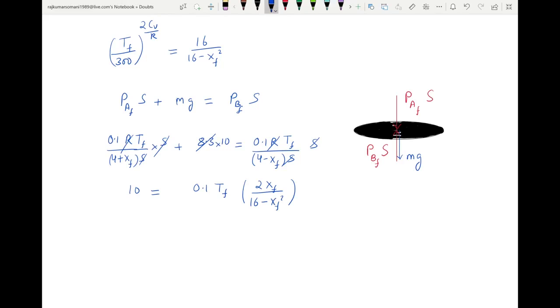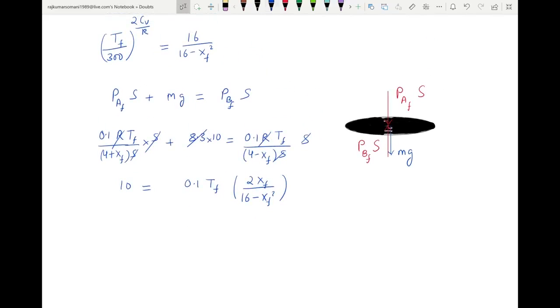Even if you make some assumption, even if you say it's monoatomic, so you write CV equals 3 by 2 R, or maybe you start with diatomic and say CV equals 5 by 2 R, still it is not possible to solve this equation in the exam using high school mathematics. It requires iteration, and here we are going to do that part also. We'll get the answer.